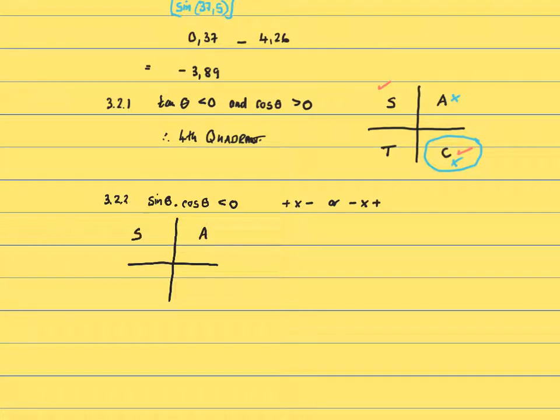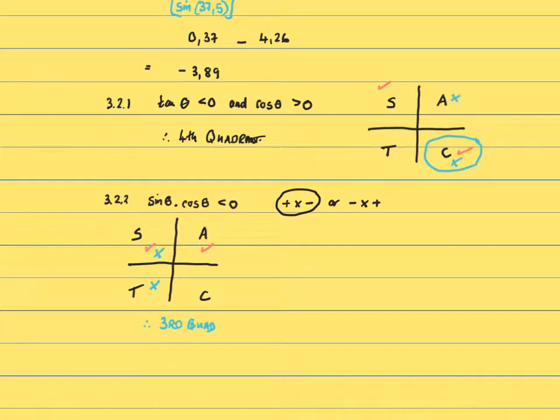All stations to Cape Town. Now I'm going to do the first one first. So I want to know where is sine positive. Sine is positive in first and second. Where is cos negative? Cos is negative in second and third, and therefore this will be in the third quadrant. That's one of my possible answers.